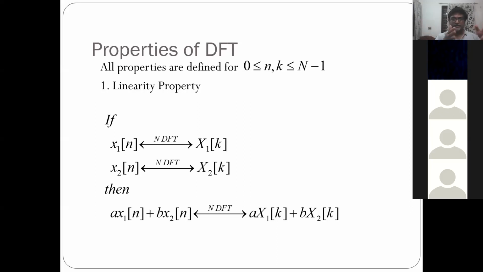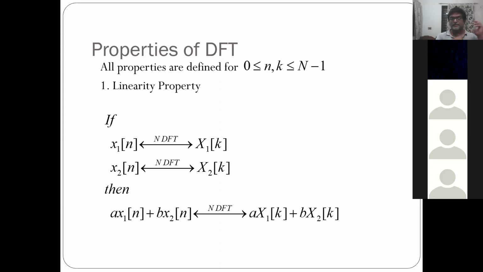You cannot have x1(n) as a 3-point sequence giving a 3-point DFT and x2(n) as a 5-point sequence giving a 5-point DFT. You cannot combine these two sequences in a linear manner. You cannot apply the superposition theorem there. So to apply the superposition theorem, it is essential that you are looking at the same N-point DFTs in both cases.